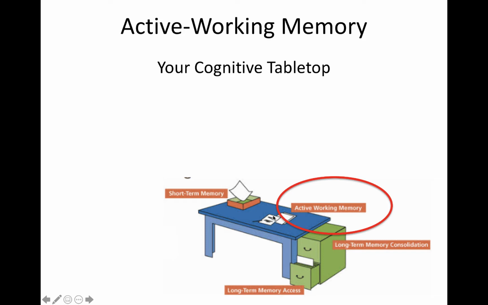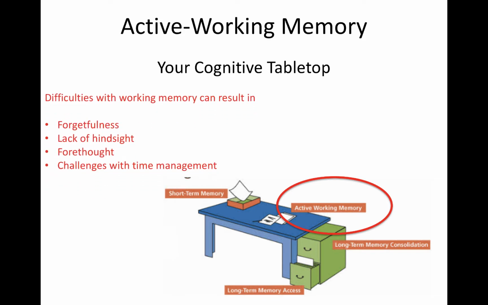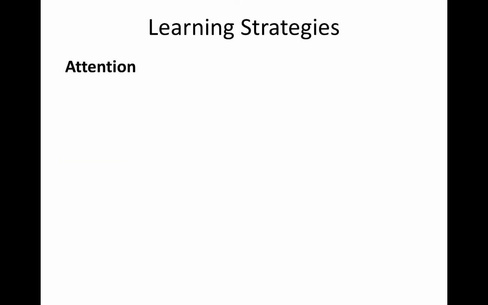So I may need to save it for later. I may need to hold it right now. Active working memory is definitely a lot of cognitive load for students with attention challenges. You will see that if a student has active working memory challenges, they're often forgetful, or they may have a lack of hindsight and forethought. They oftentimes have challenges with time management as well.